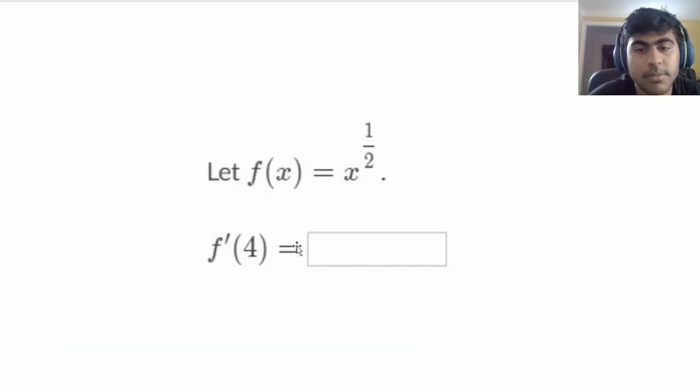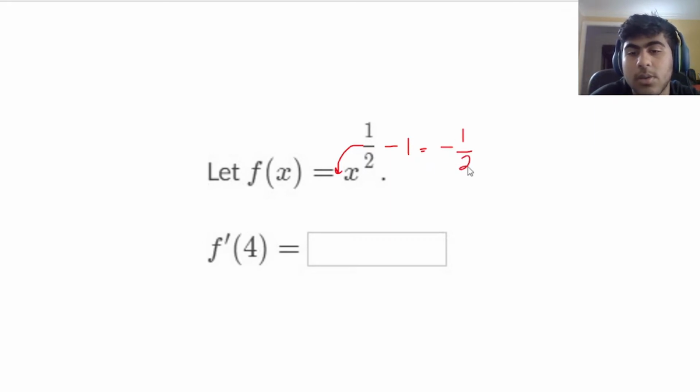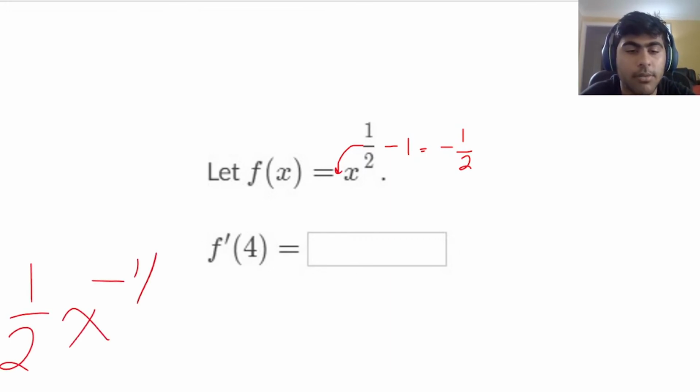Let's move on. All right, we're trying to evaluate another derivative. So it's still the same power rule. We bring this down, and then we subtract 1. 1 half minus 1 is going to be negative 1 half. So we're going to end up with 1 half times x to the negative 1 half. All right, now what is 4 to the negative 1 half? If you remember, 1 half is like the square root.